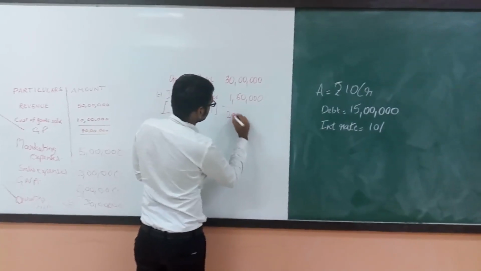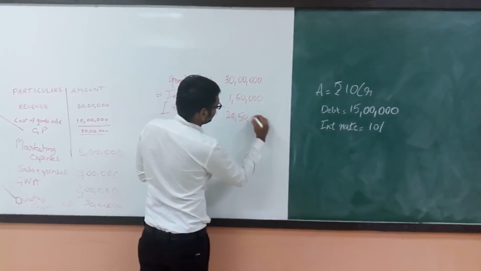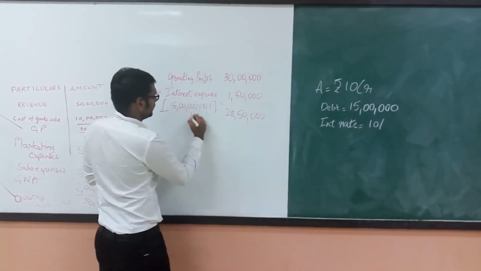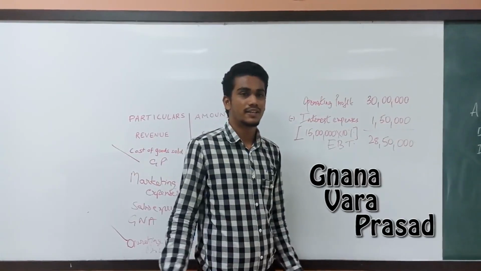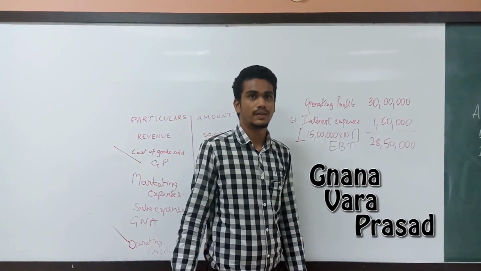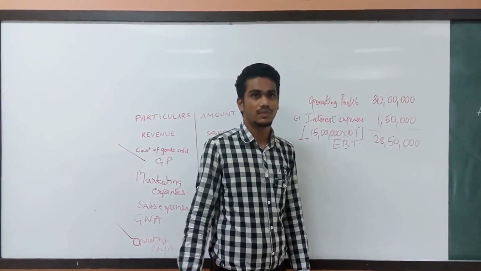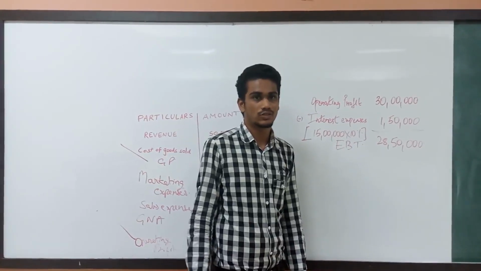which amounts to 28 lakhs 50,000, which is called the earnings before tax. EBT, earnings before tax, is also known as pre-tax income. It is the money earned by the company before paying the tax to the government.